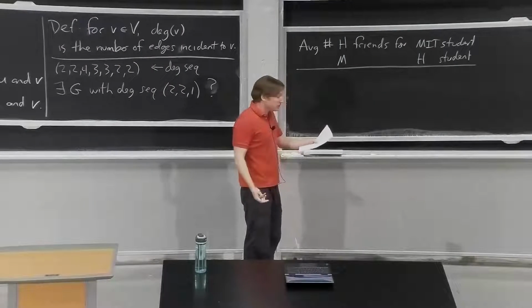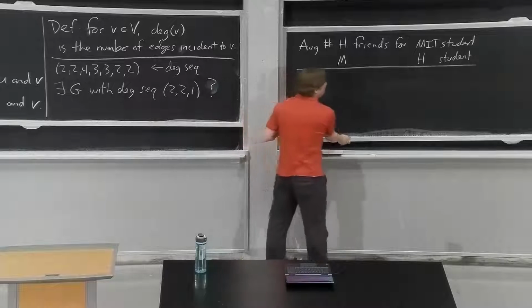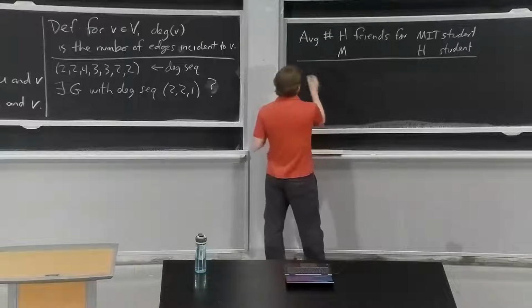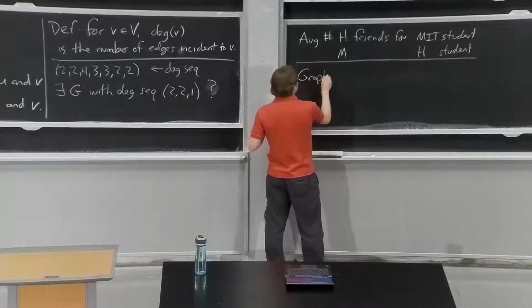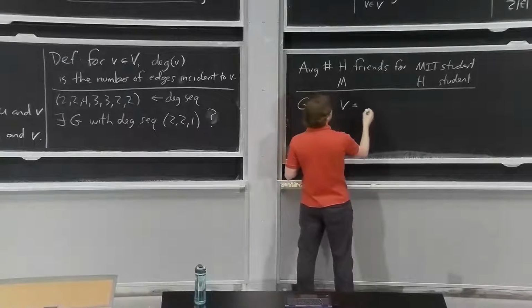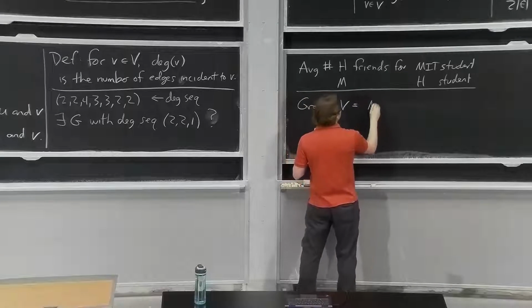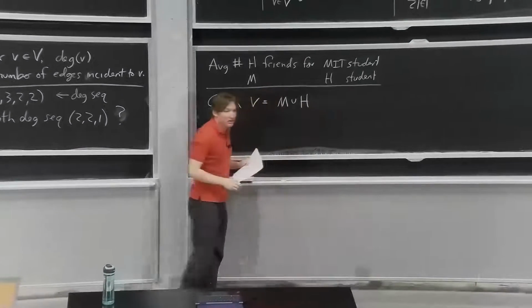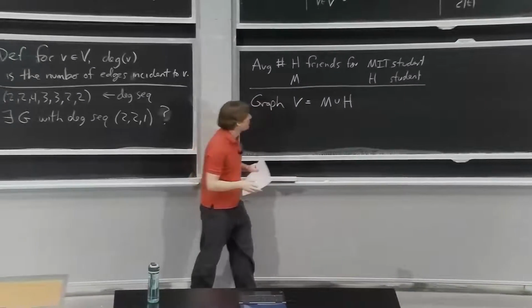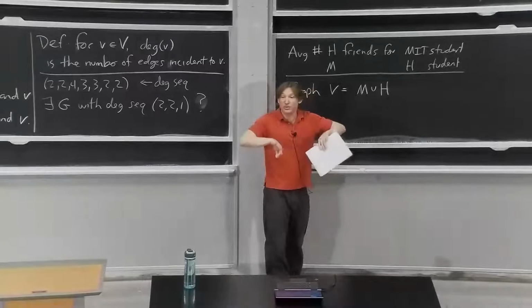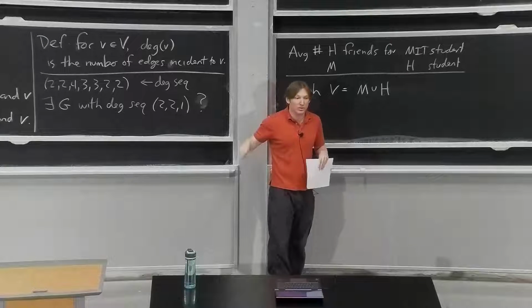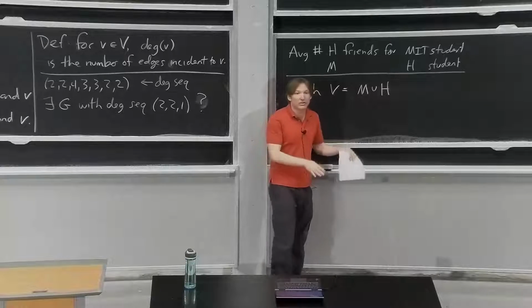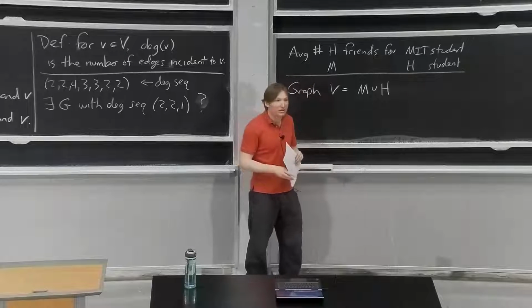So let's draw a graph where the vertices are the set of MIT undergrads and the set of Harvard undergrads. I want to emphasize that these are two disjoint sets. No student is enrolled in both schools. We're not counting cross-registration. That's why I mentioned that earlier.